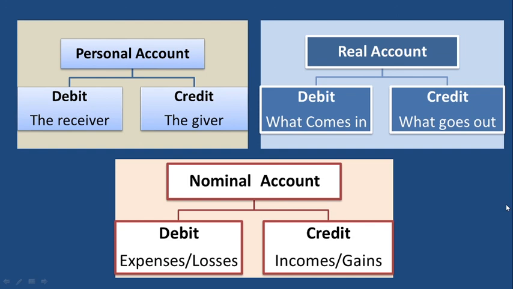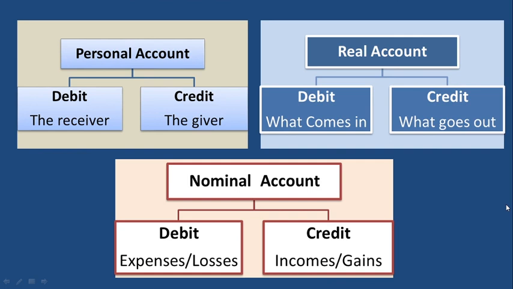The first was by dividing total accounts into three different accounts: personal account, real account, and nominal account. In personal account, the rule was debit the receiver, credit the giver. In the real account, debit what comes in, credit what goes out.